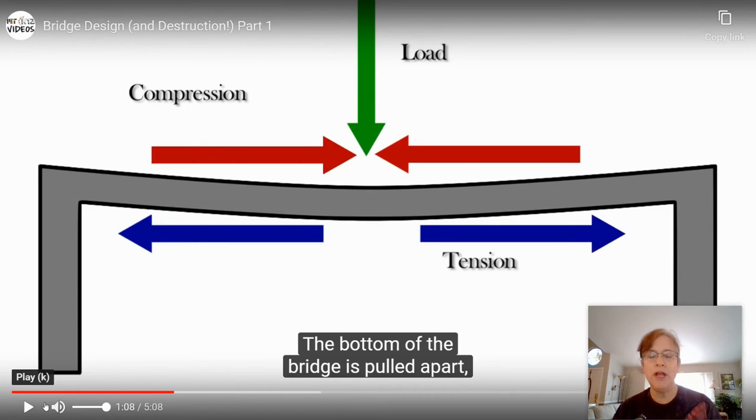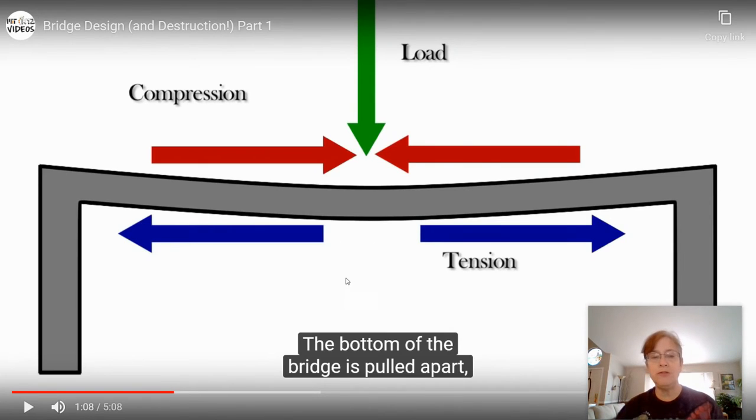So you have your load, and then you have the compression forces on the top as it bends in. They're pushing on each other, and then notice how it is actually the tension forces that cause it to bow a little bit, and those tension forces, remember, are like a tug of war, and eventually this on the top will cause buckling, and this on the bottom can cause a failure also, in the form of cracking.